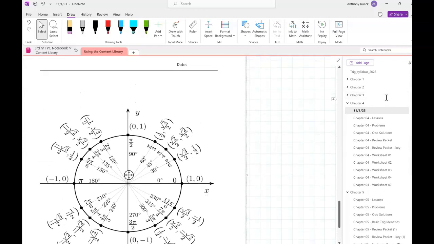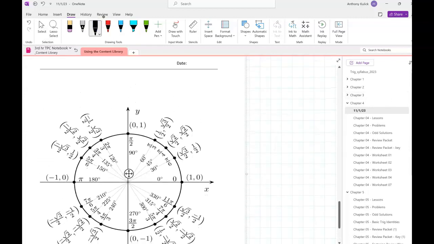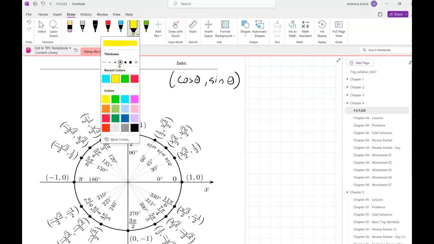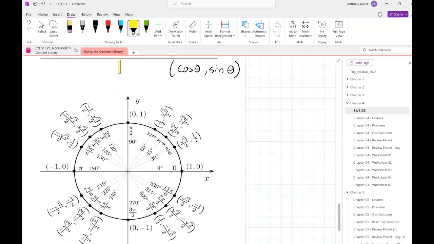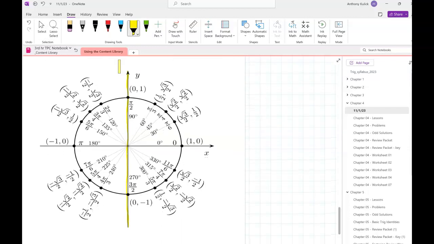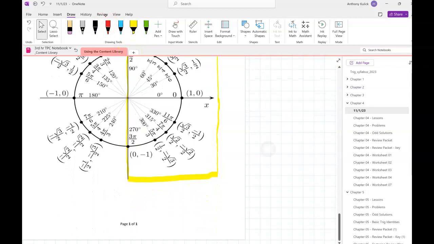All right. So let's take a moment and look at this. We have our unit circle, right? And we wrote that the points on our unit circle are sine, comma, cosine, right? All right, so let's do this. We're going to highlight quadrants 1 and 4 for sine inverse.